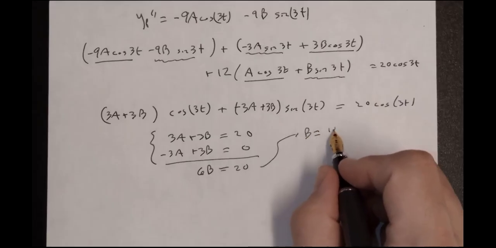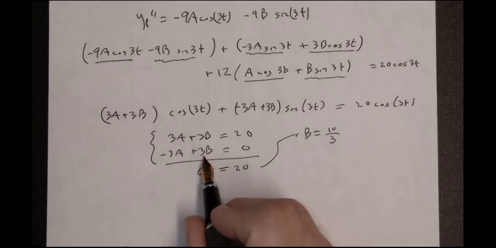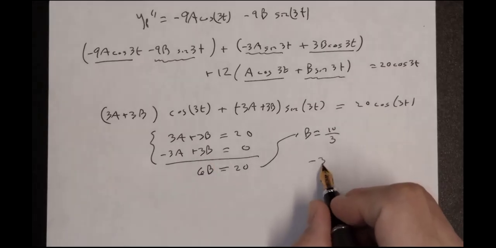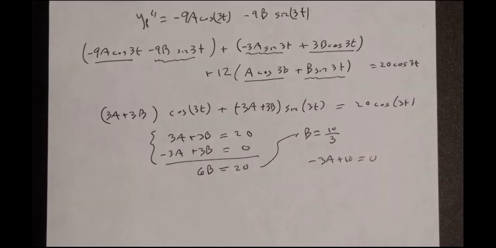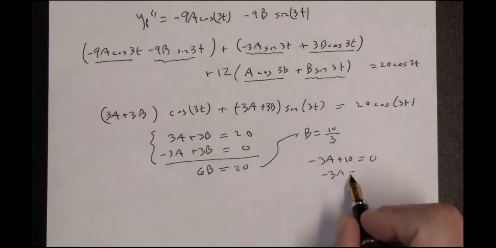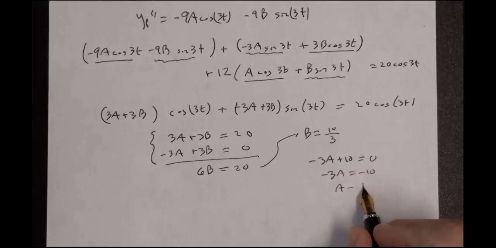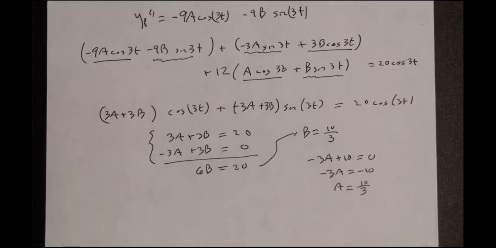So b is 10 over 3. That means that 3b is 10. So minus 3a plus 10 is equal to 0. And that means that minus 3a equals minus 10. A equals 10 over 3 also. Yay!